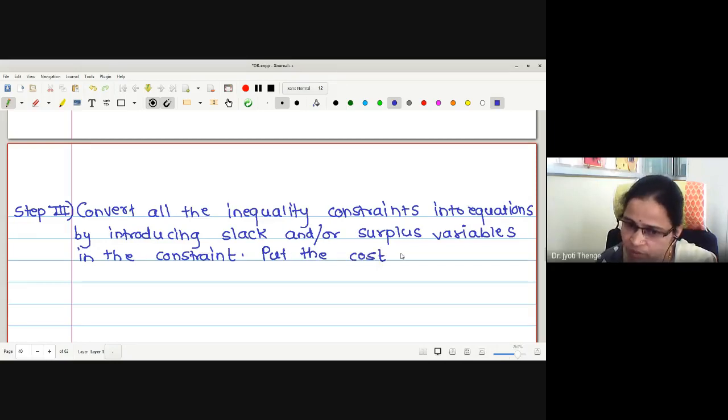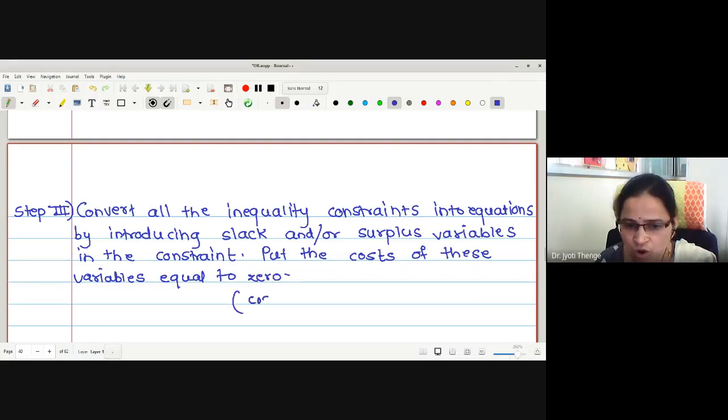Therefore, put the costs of these variables equal to 0. Here I will write what is cost: cost is the coefficient in the objective function.